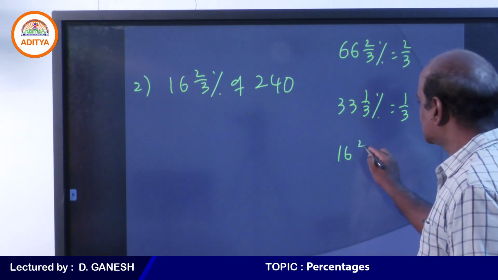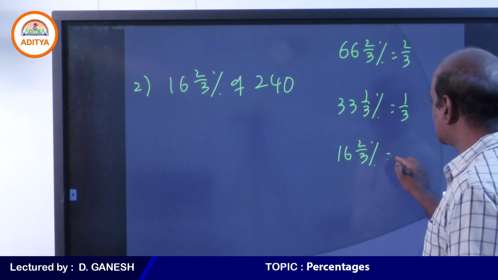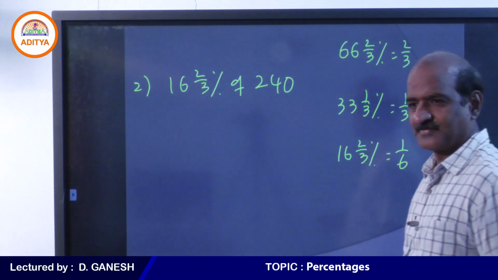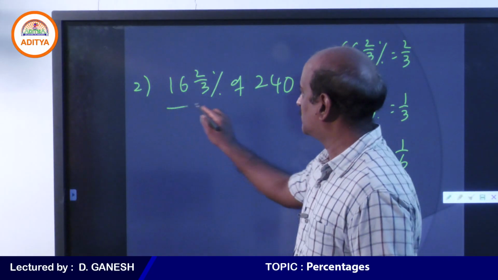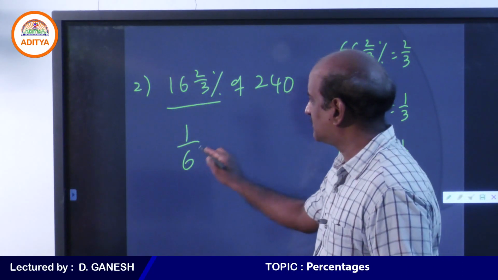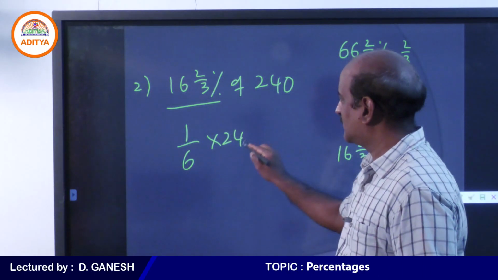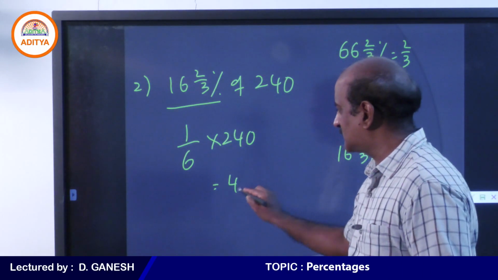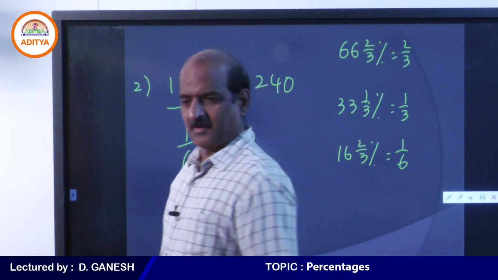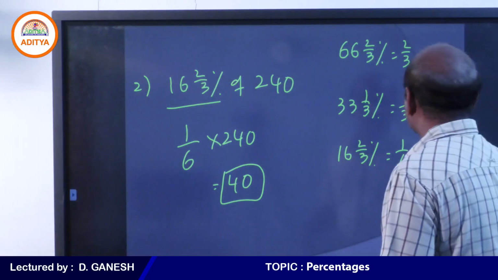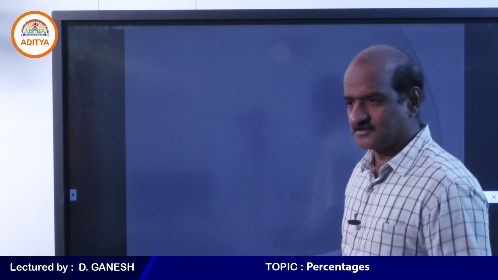And half of that, 16 2/3%, is nothing but 1/6. I hope you understand my point. Hence 16 2/3% is 1/6, and 240/6, therefore your answer must be 40. Students, you must remember some of these fractional values. So this is the second one.